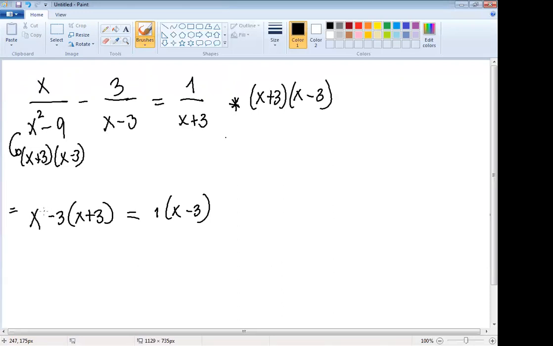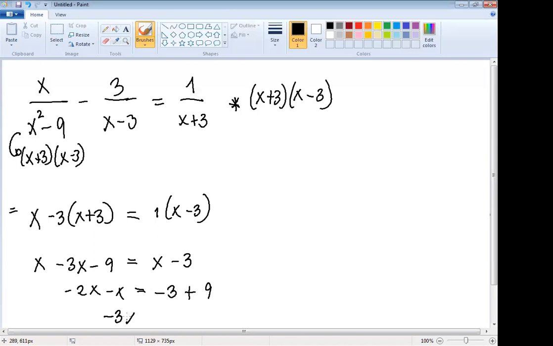Okay, after that, simplify it further. So we will have now x minus 3x minus 9 equal to x minus 3. Then negative 2x, move that one here, becomes minus x equal to, move the negative 9 to the other side, becomes negative 3 plus 9.